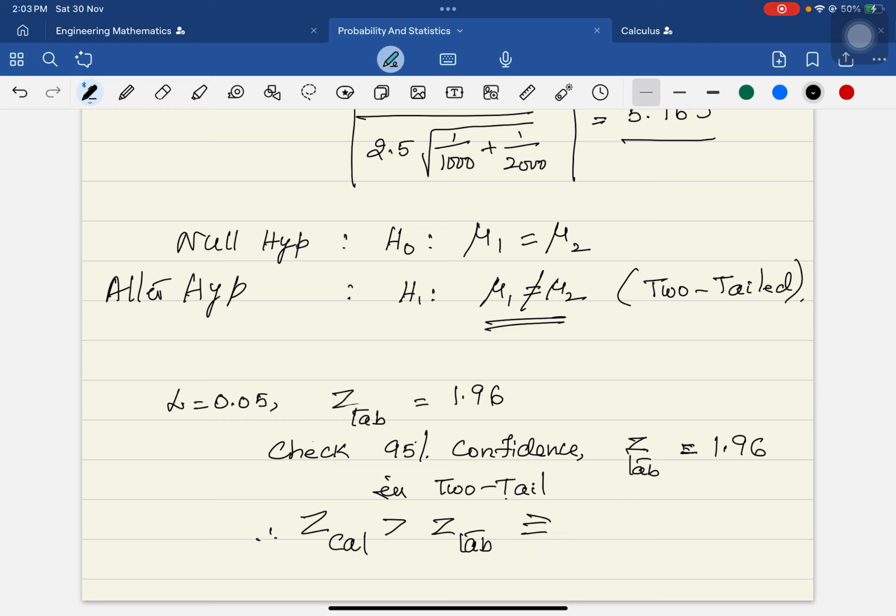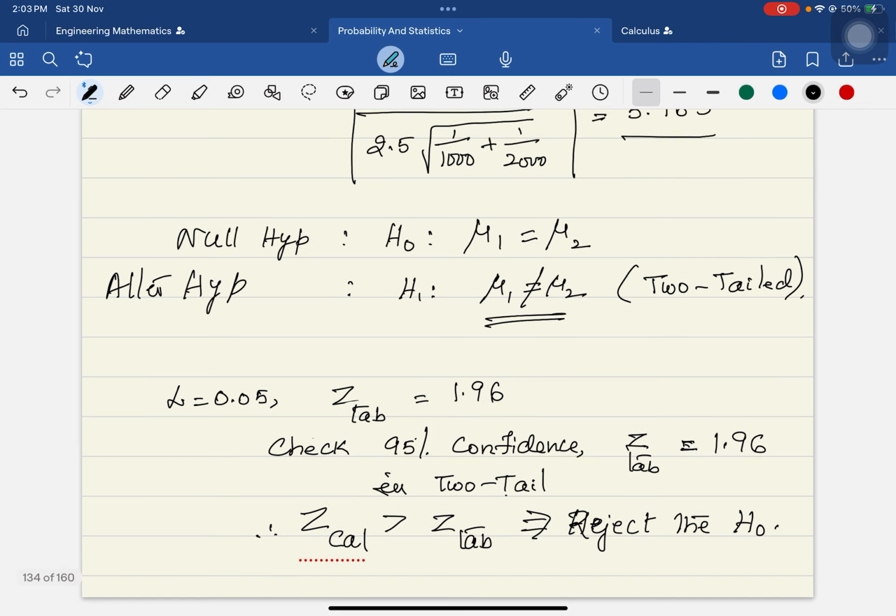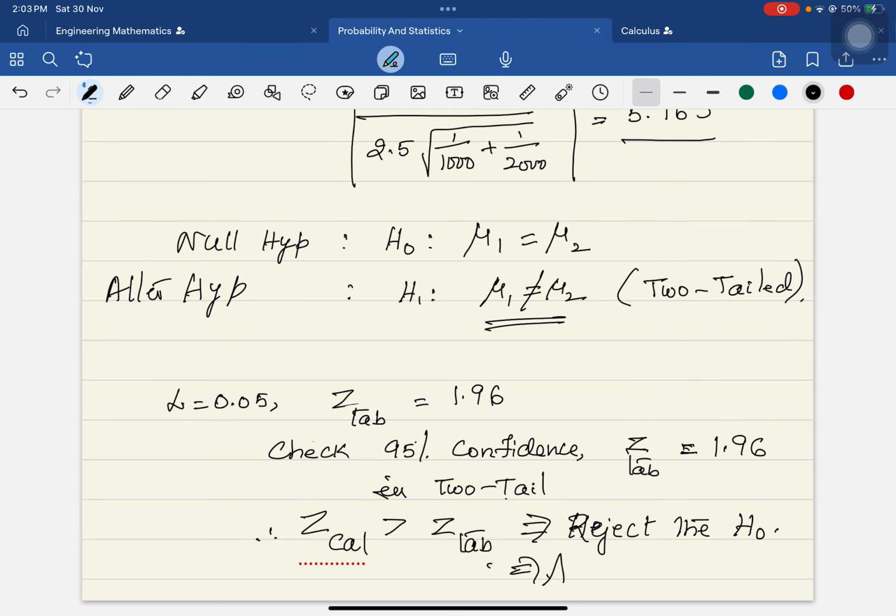What it implies is that we have to reject the null hypothesis H naught. Rejecting the null hypothesis means accepting the alternate hypothesis, which is H1. This is the conclusion you have to give.